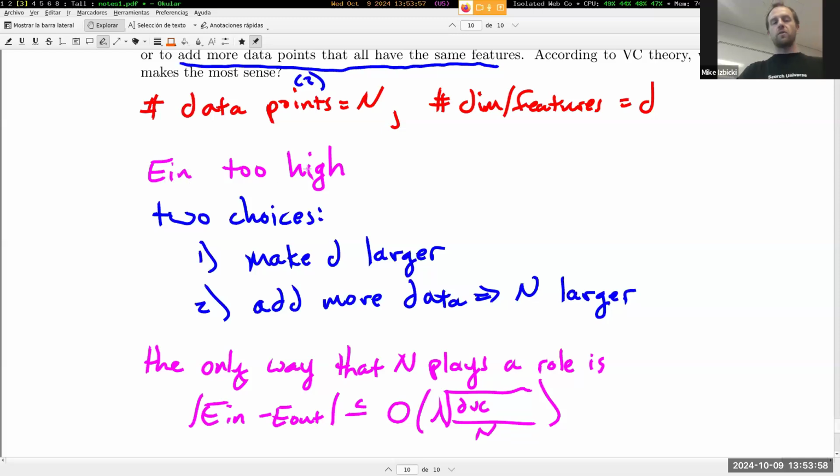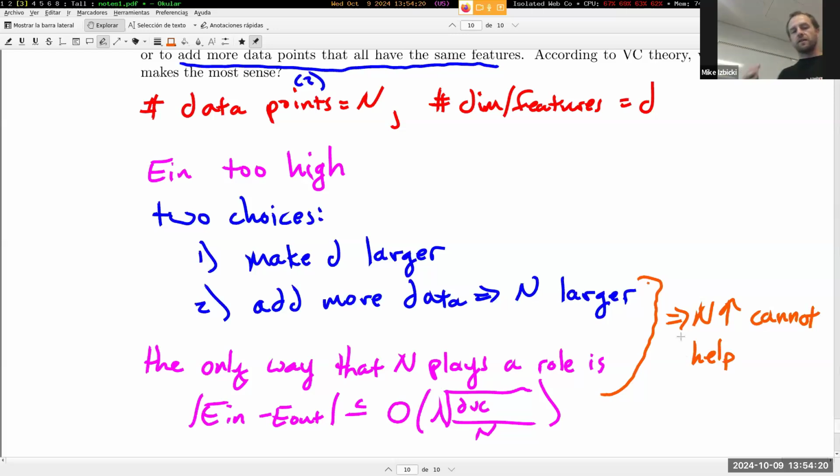Our in-sample error is too high. It's not that our generalization error is bad, it's that our in-sample error is bad. So this can't possibly help. Increasing N cannot help. It does not have any effect on our in-sample error.